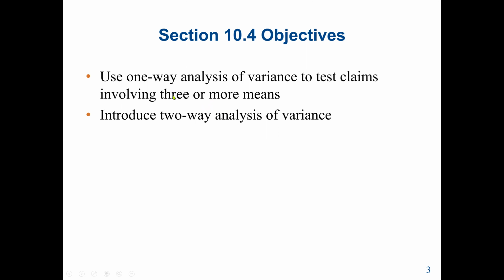But anytime we want to test more than 2 groups, in this case 3 or more, analysis of variance is used. So if I want to test the mean of 2 populations, I may not use the analysis of variance. I may use a t-test. But again, for 3 or more means we use ANOVA.